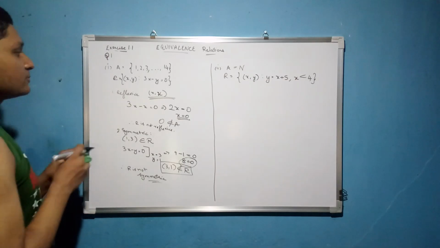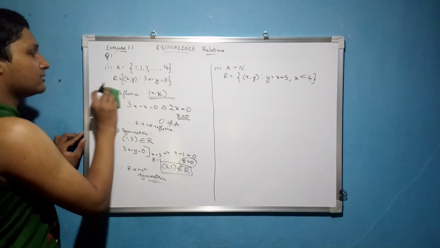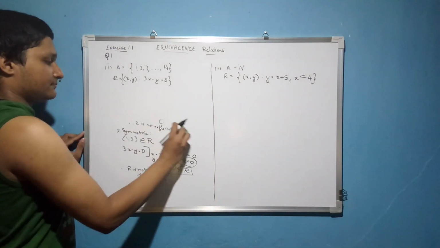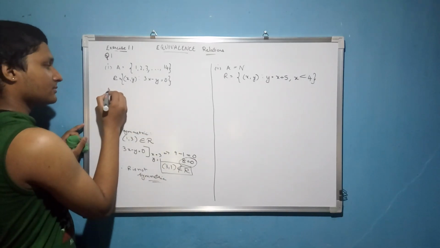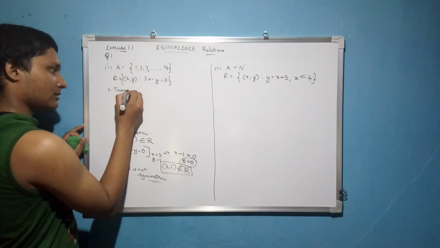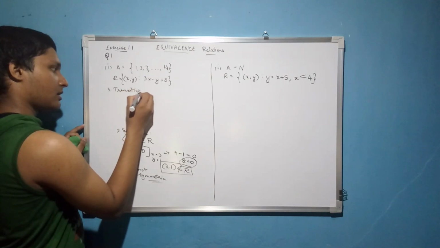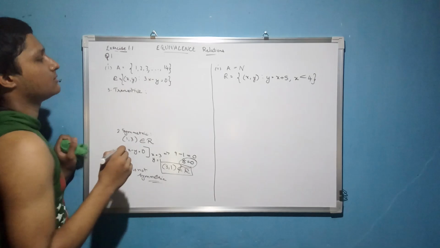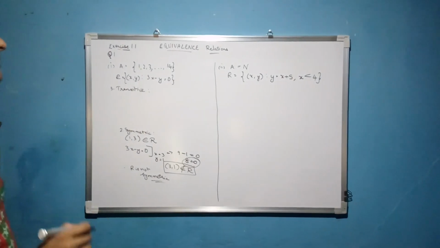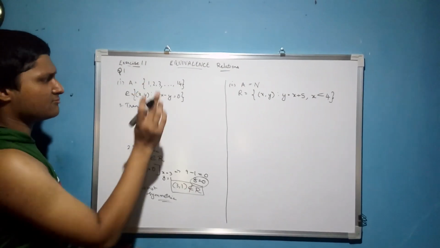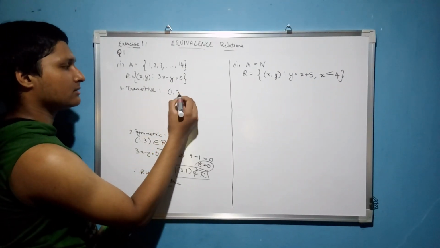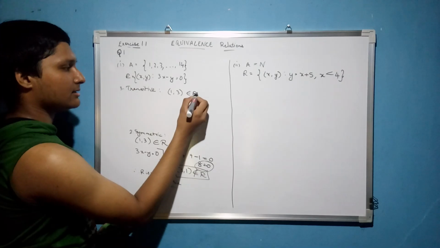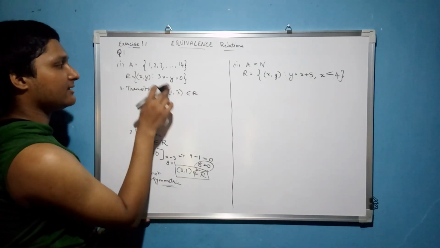Let me write this reflexive part to explain the transitive one. Transitive. How do I explain the transitive one? Let me take an example once again. I'll take the numbers 1, 3 again. (1, 3) belongs to R. So now I'll apply x as 3.